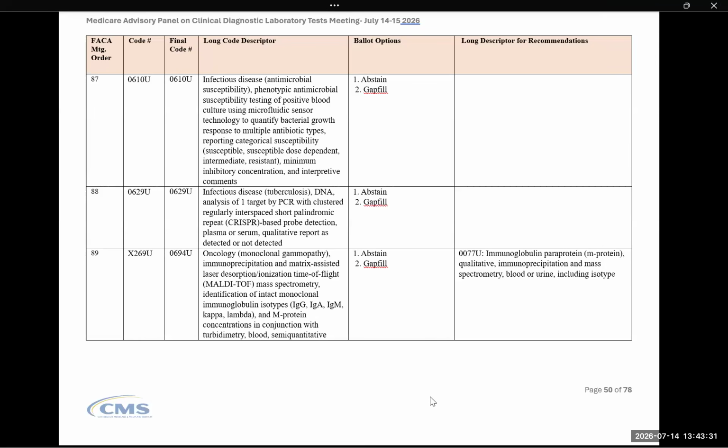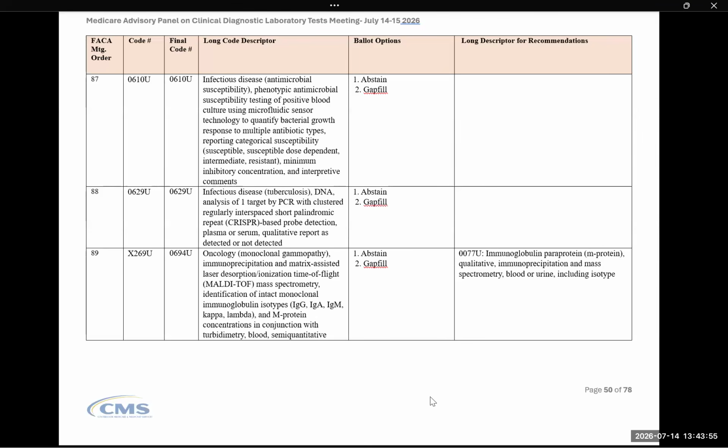It is infectious disease detection of Mycobacterium tuberculosis using a CRISPR technology. This is a technology that's not reflected in any other infectious disease analytical tests that are currently in the CPT book. So we felt like this was clearly a gap fill recommendation. Fantastic. Thank you, Vicki.